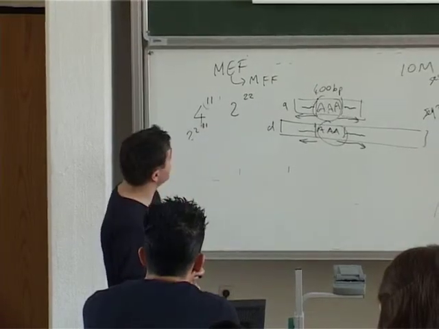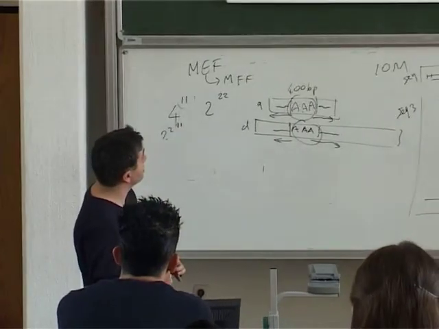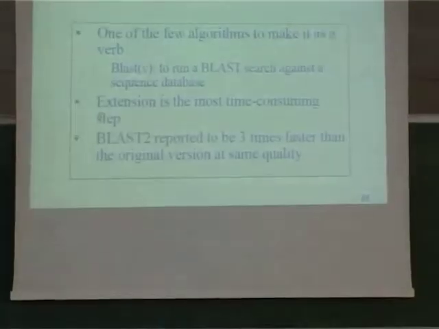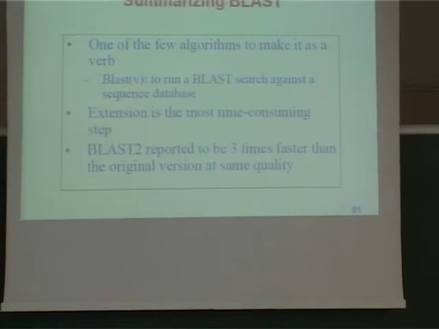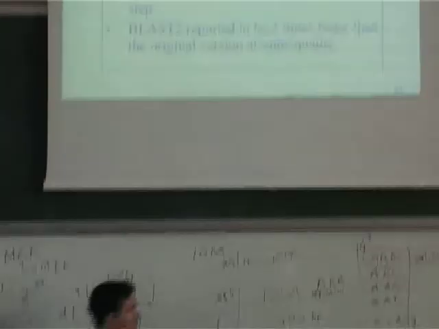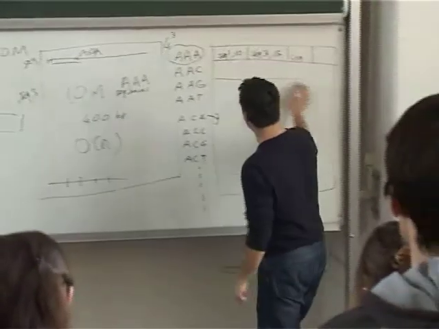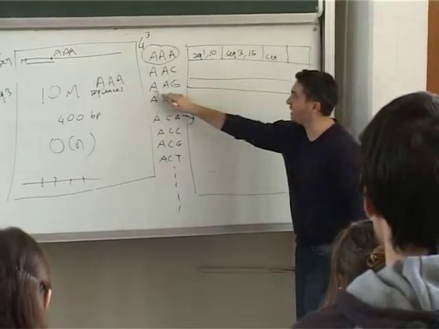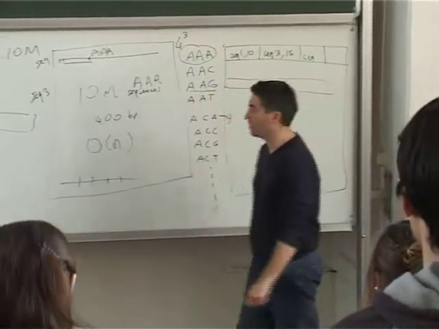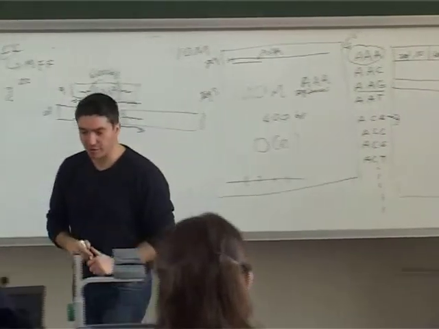And extension is the most time-consuming step, but here we do not do the extension for all the database sequences. We do the extension only for these table entries which have an exact match to our query sequence. Okay?